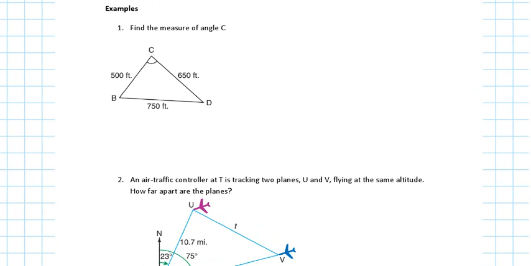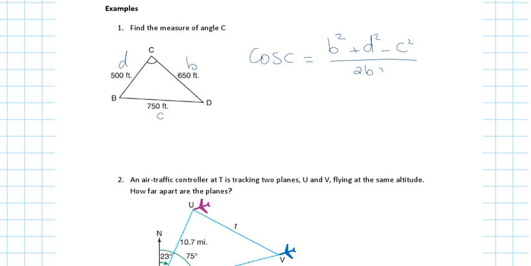Now what do we call this side? D. That's side D. What's this side? B. So what would my formula be? And this is side C. Cosine C equal to, B squared plus D squared minus c squared over 2bd.